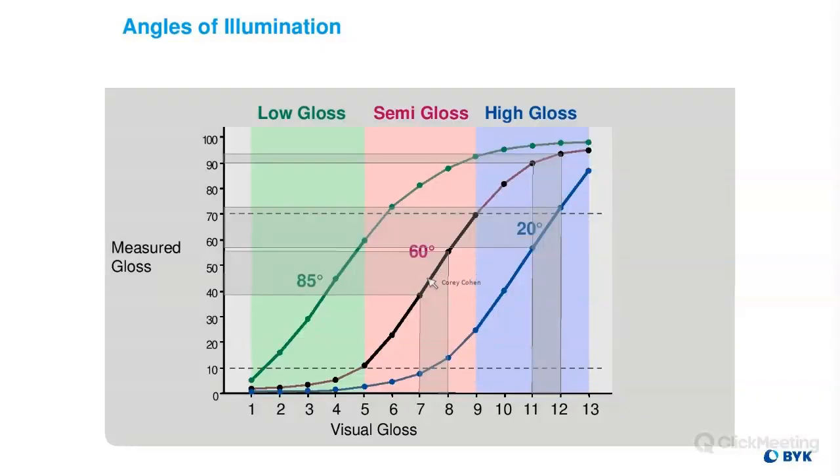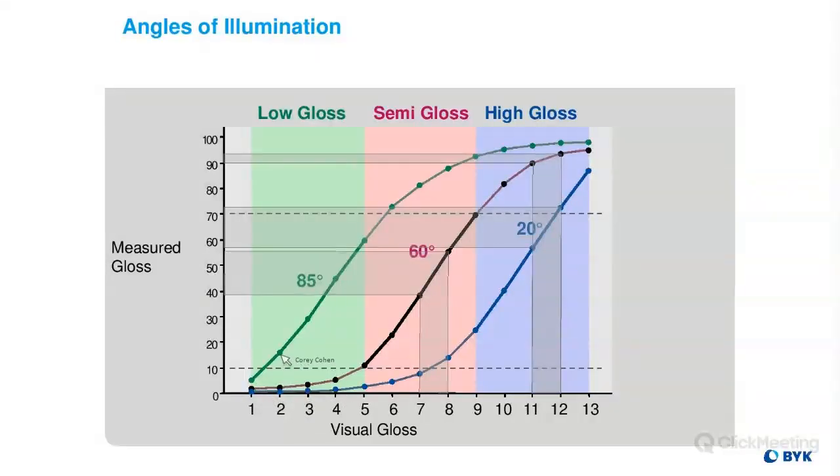That's because in this semi-gloss range, this medium gloss range, that's the optimal range for the 60-degree gloss geometry. We can see that the measurement curve is nice and steep and even. And then once we get into the low gloss range, that curve flattens out, and we see that the 85-degree curve is nice and steep and even. So again, let's take an example. Maybe we want to measure the difference between the 2 and the 3.